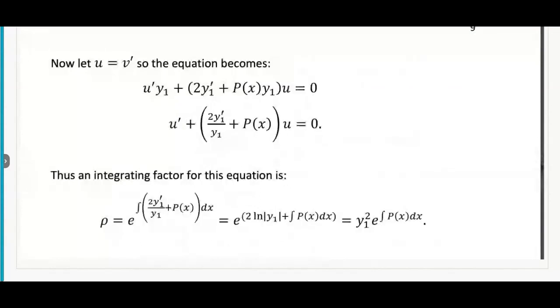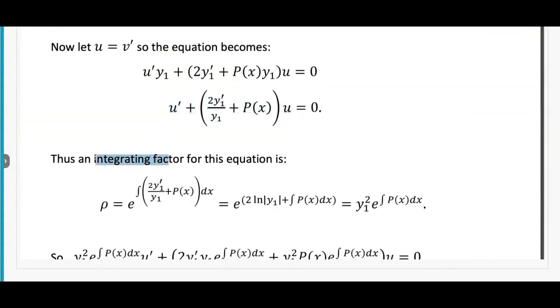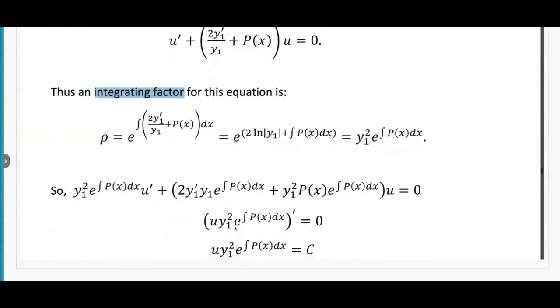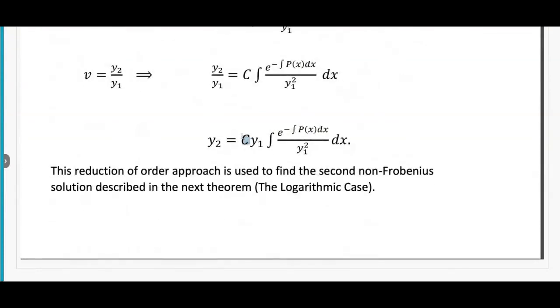In the end, we get this differential equation, which we can solve by applying the integrating factor method. So in the end, usually we get a second solution in this format.